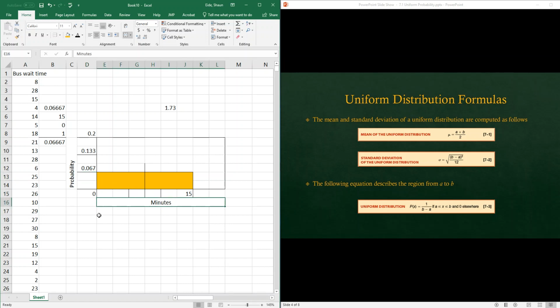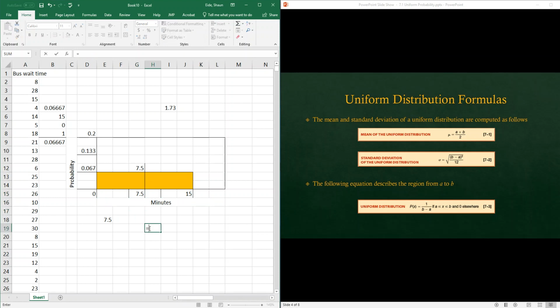But let's determine the mean. So we have 15 minus 0, which is 15, divided by 2, which is 7.5. So the mean is 7.5. And so let's determine the standard deviation. Okay.